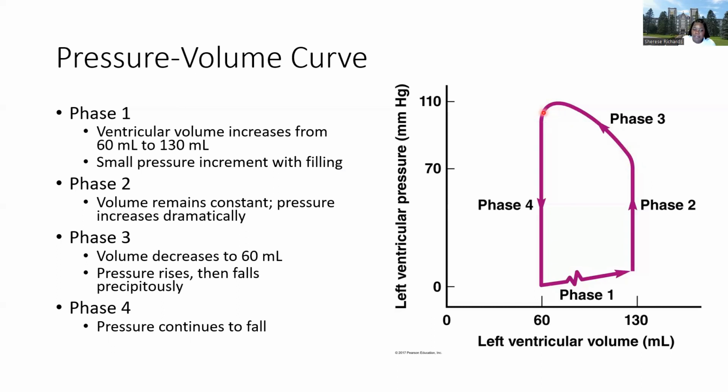At the beginning of phase 4, which is where we have the isovolumetric ventricular relaxation, again, the volume here doesn't change. Once we eject 70 milliliters of blood in phase 3, it's going to stay at 60. The pressure will drop off, which is what's happening for the downstroke of the loop here.